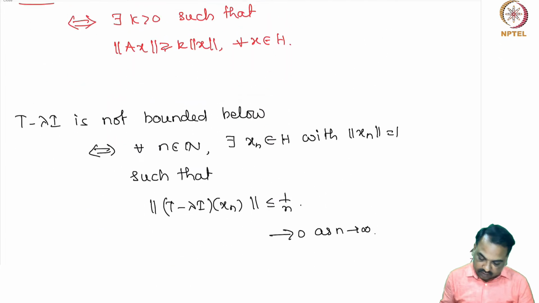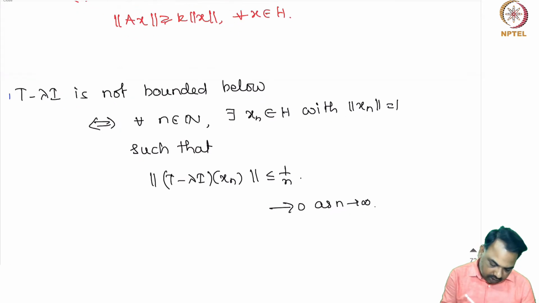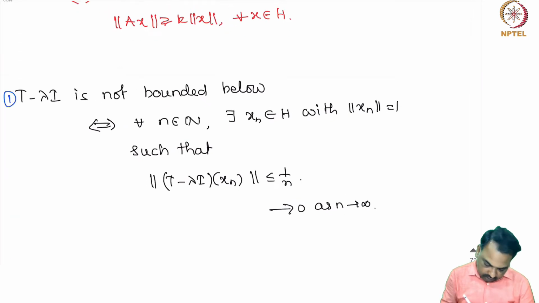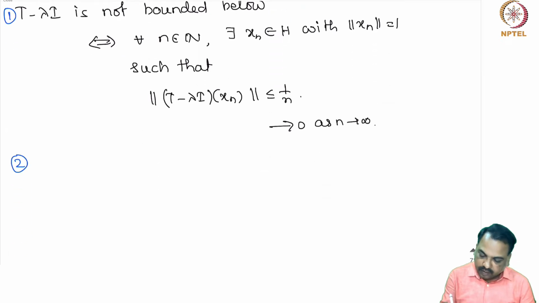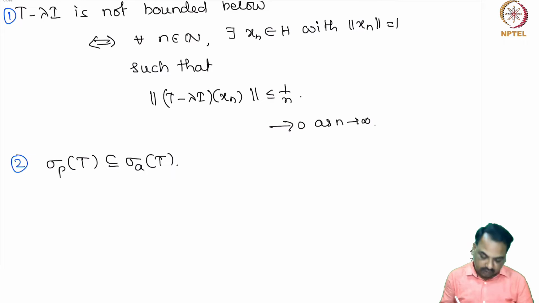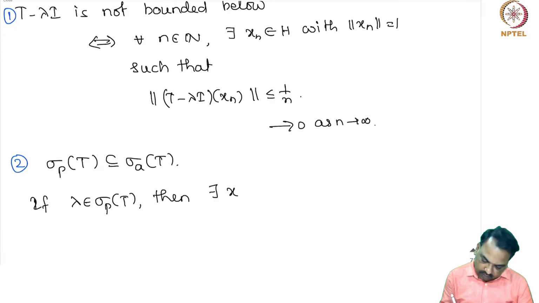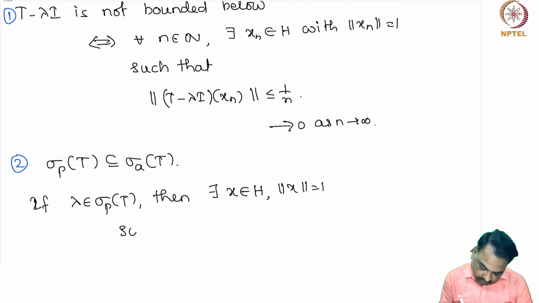Now this is the first observation about approximate point spectrum, and the second one is the following: we can easily show that the point spectrum of T is always a subset of the approximate point spectrum of T. Because if lambda is in the point spectrum of T, then there exists x in H with norm x equal to 1, we can take, because x is non-zero, you can normalize it, such that Tx is lambda x.